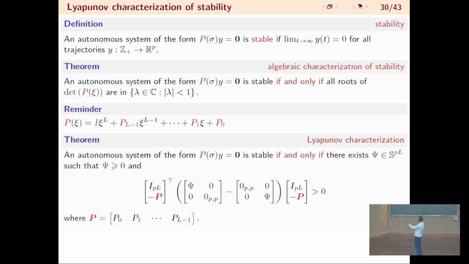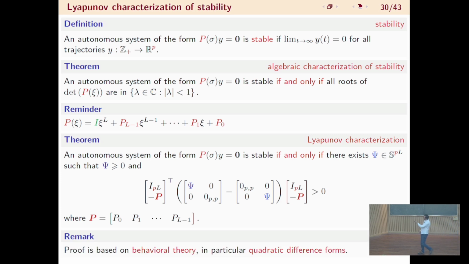What do I do? Well, I take these coefficients, put them in a matrix, bold P, and then I look for a semi-definite psi which satisfies this inequality. I'm not going to prove it, but this can be proved. This is proved already in behavioral theory, in particular by using the so-called quadratic differential forms. There is an entire analog of state space theory in terms of behaviors.